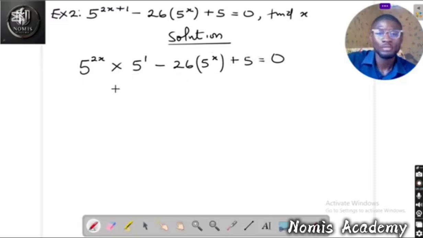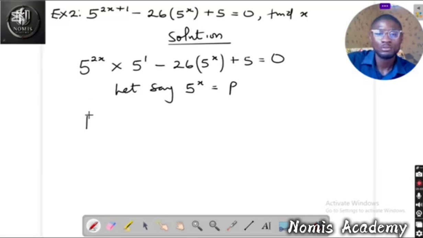So from here, let's say 5 raised to the power of x is equal to p, and we have 5 raised to the power of 2x here.